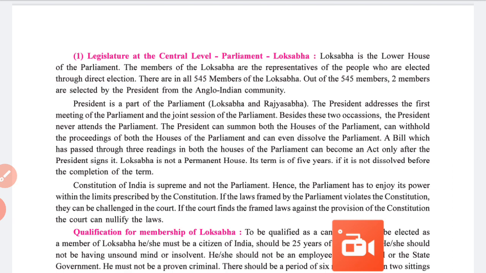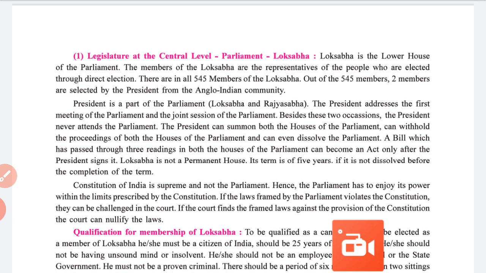The latter sense is now mainly historical, but confusion can arise. In short, you can remember easily that Anglo-Indian means those people with mixed Indian and British ancestry. Okay. So, total 545 members in Lok Sabha and 2 members are selected by the President from the Anglo-Indian community.